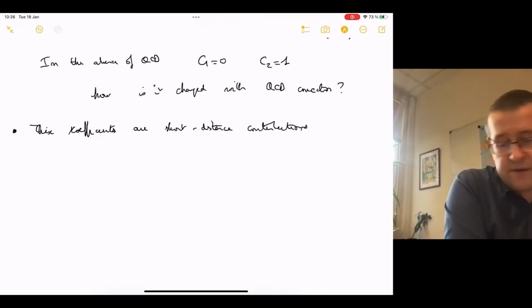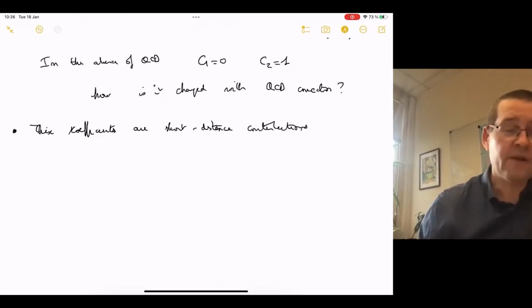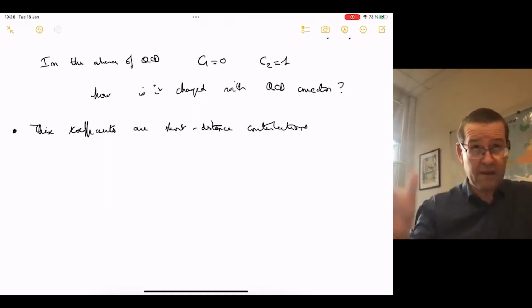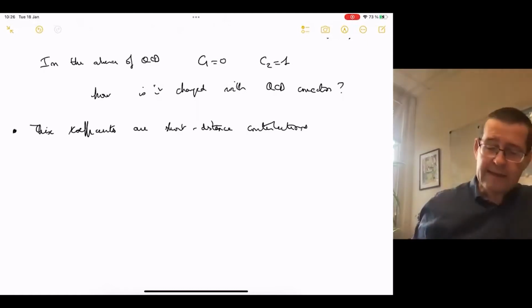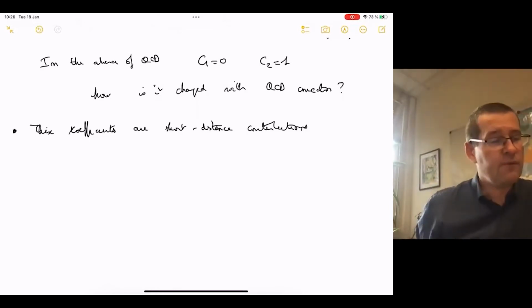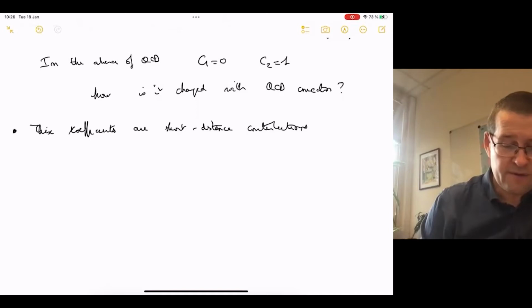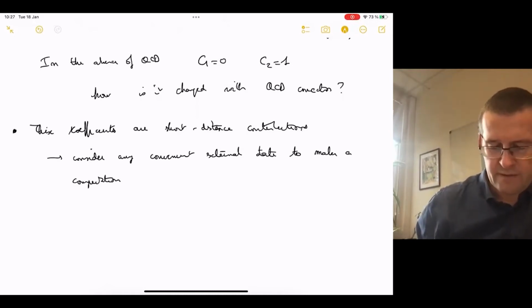So that means that in principle, if at least the separation we make between short and long distances with this intermediate scale that we've not really discussed yet, mu, is relevant, then in principle we can consider any convenient external state to make a computation in order to determine the value of this Wilson coefficient.